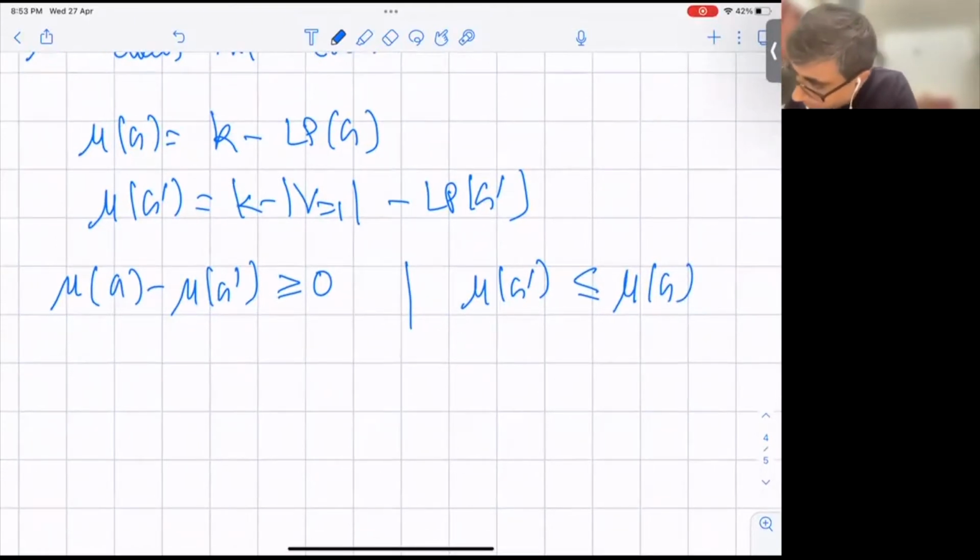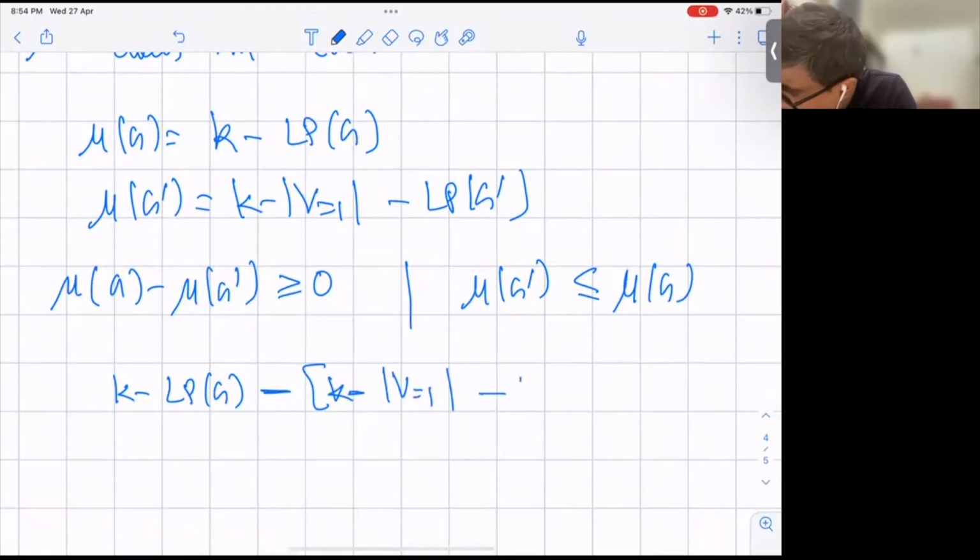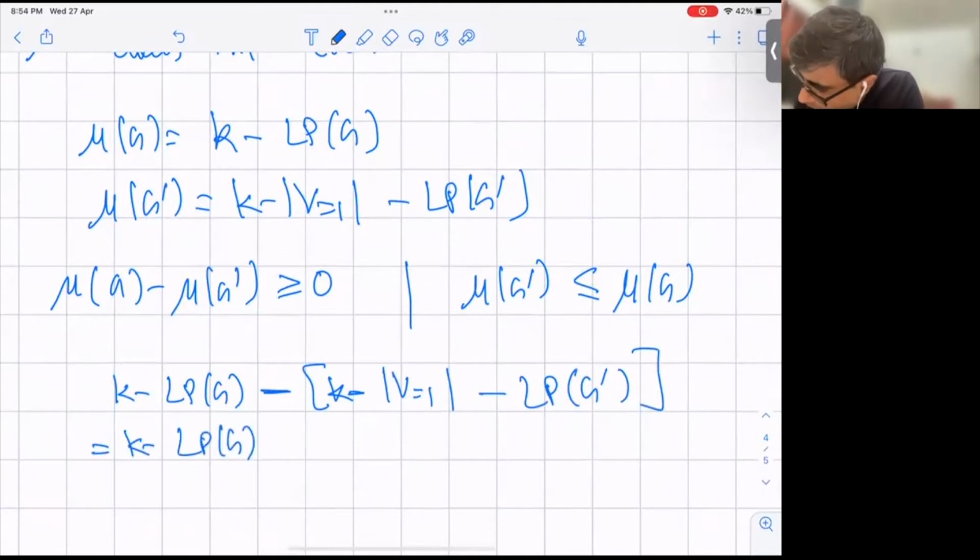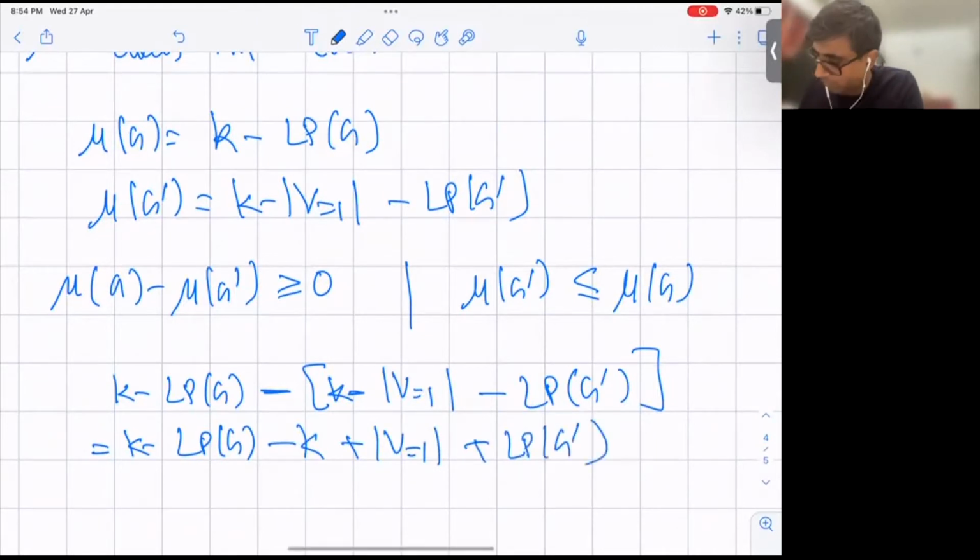It's very simple. K minus LP of G minus K minus V equals 1 minus LP of G prime. Is that fine? So now K minus LP of G minus K plus V equals 1 plus LP of G prime.